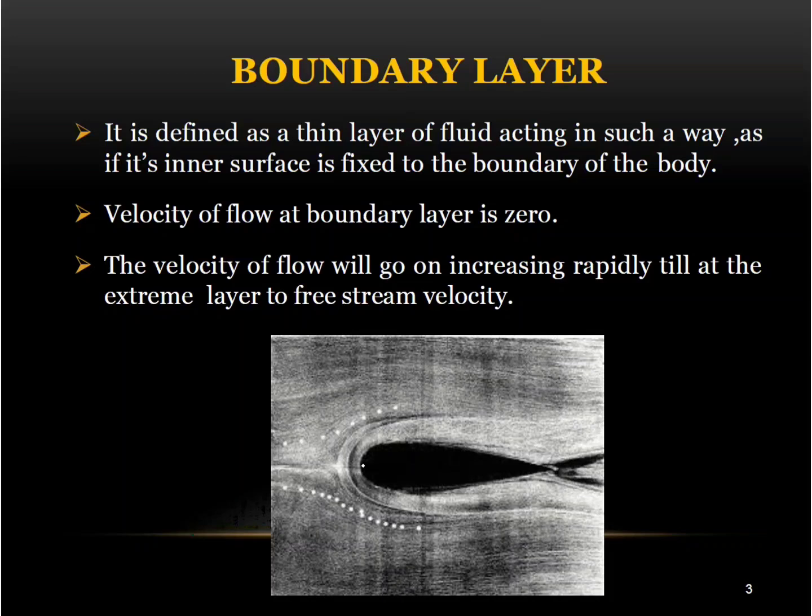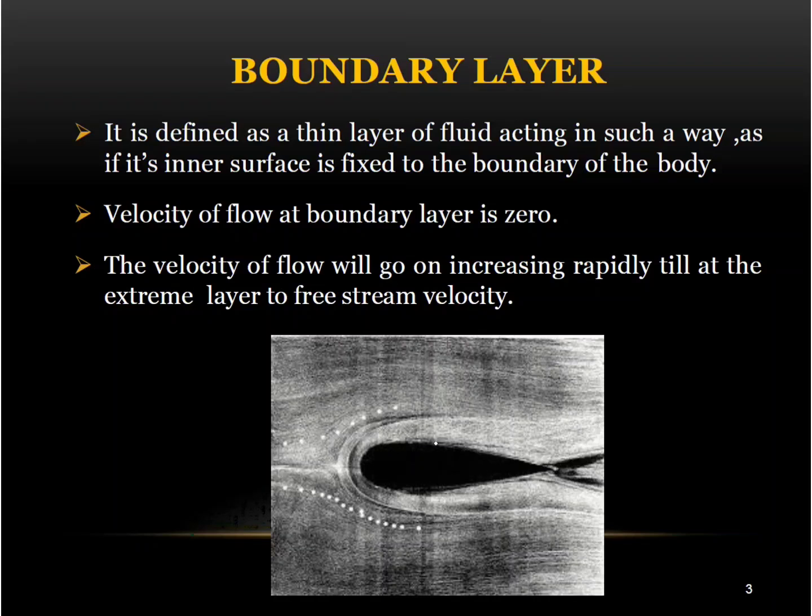So when there is a body which is at rest, or maybe when it is moving, in either case, when a stream of fluid, whether it could be air or water, I mean to say liquid, passes over or touches the surface of the object, at the boundary of this object a layer of the fluid will be accumulated, and this region which is surrounding the entire surface of the object or the body is called the boundary layer, and the velocity in this boundary layer is zero.